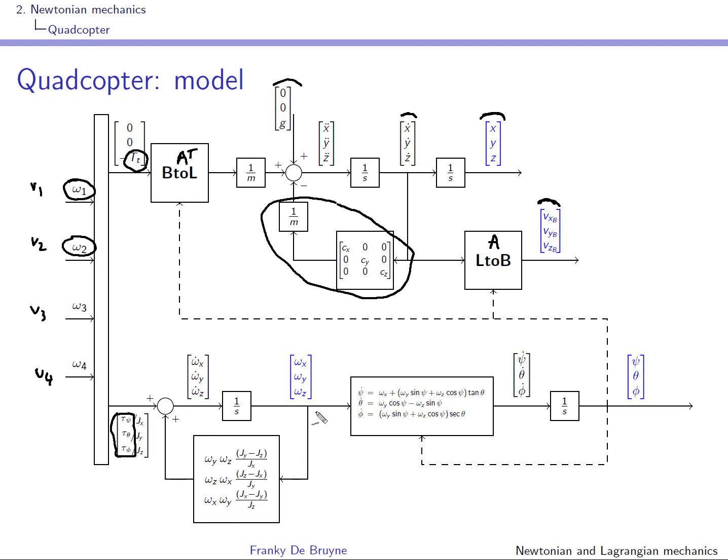Here below, what you see implemented is the expanded version of Euler's equation. Remember it starts from the torques, and it produces this vector, which is the angular acceleration vector.